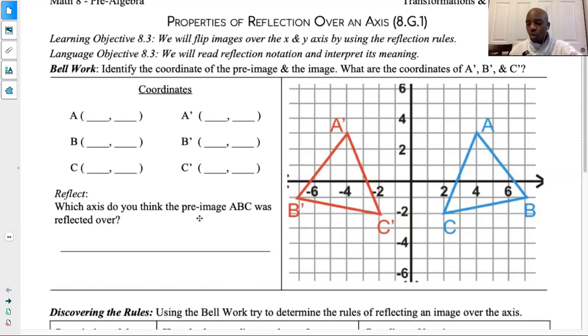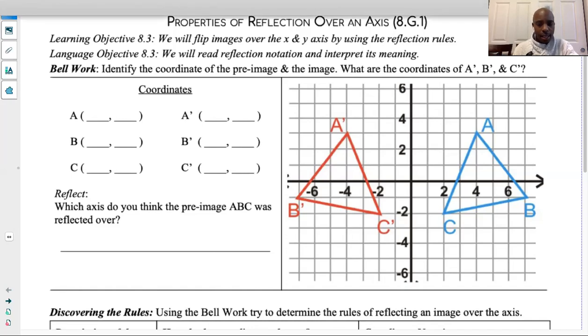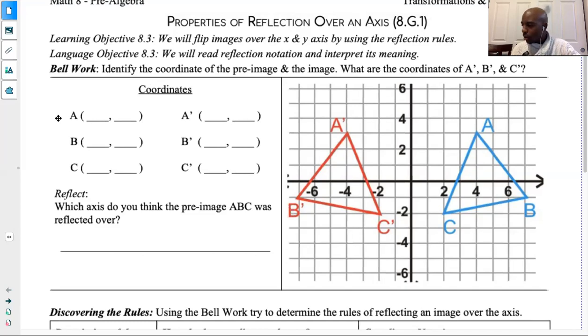When you looked at the coordinates for each one of these, A, B, C, you should have been able to get all three coordinates for A, B, and C. So the coordinates of A would have been (4, 3). B would have gave you (7, -1).